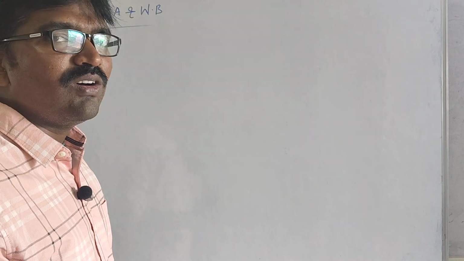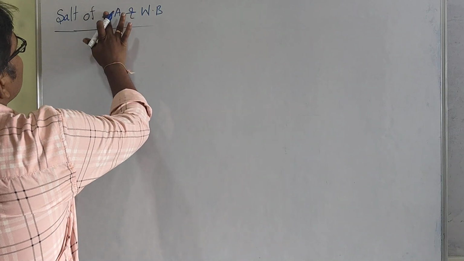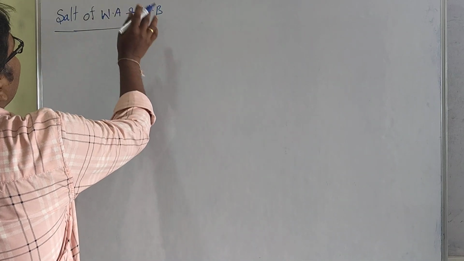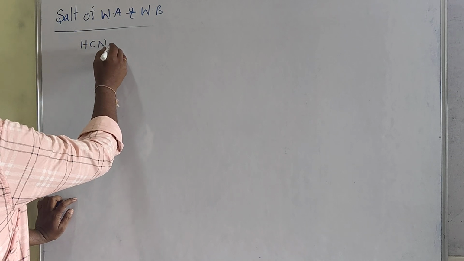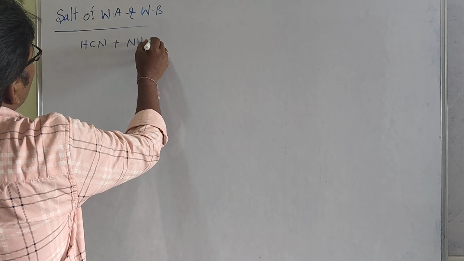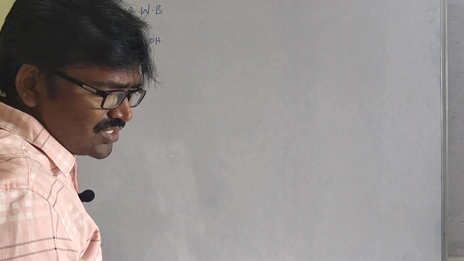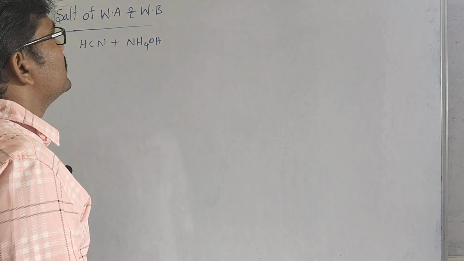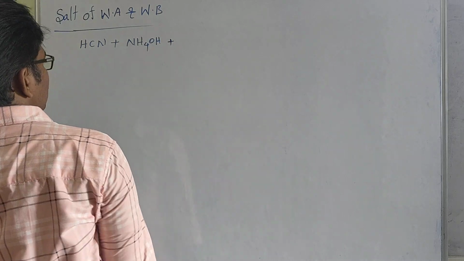That is what we call hydrolysis, right? So in case you take weak acid and weak base, weak acid I am taking HCN, weak base I am taking NH4OH. Of course, you can take any weak acid like CH3COOH, HCOOH, all organic acids.